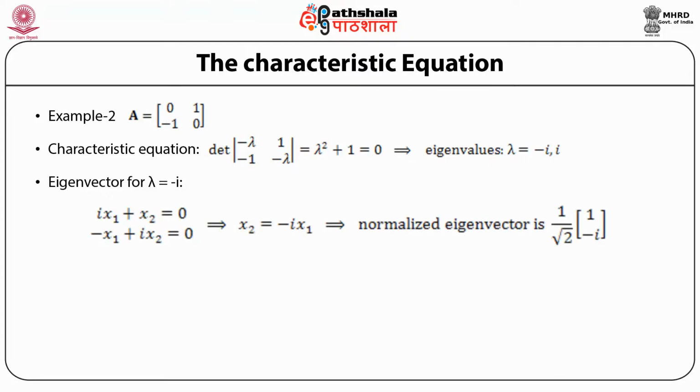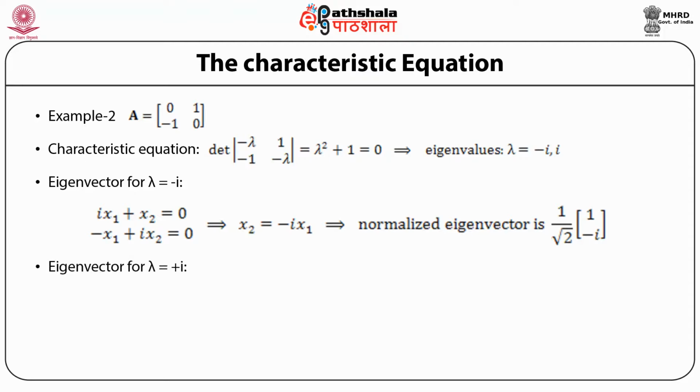The eigenvector for lambda equal to minus iota can be obtained using the equations iota times x1 plus x2 is equal to 0, minus x1 plus iota times x2 is equal to 0, which implies x2 is equal to minus iota times x1. So the normalized eigenvector is 1 by square root of 2 into the column matrix which has elements 1 and minus iota.